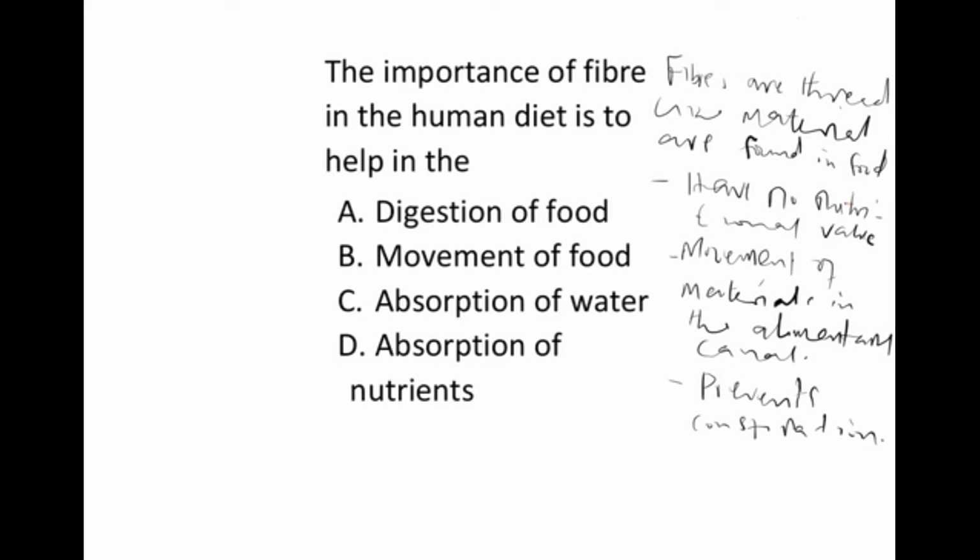So using that information, we can easily get the answer: the importance of fiber in the human diet. That's our key question. Starting with choice A, the digestion of food. Nowhere in our explanation have we said that fibers are used for the digestion of food, so they do not help in any way in the digestion of food. B, movement of food.